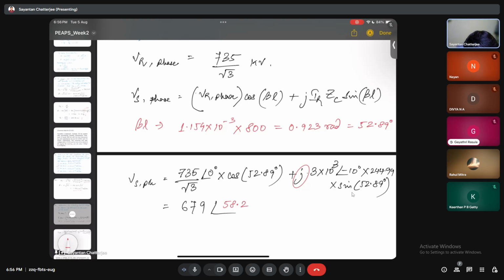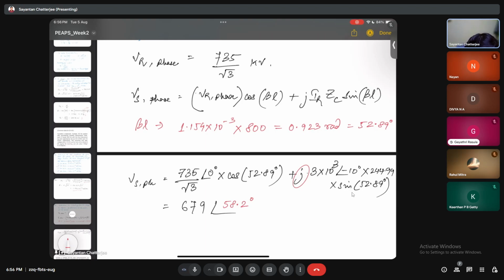Yes, 58.2. So VS phase will be on the positive side, right? So from sending, power flows from higher angle to lower angle. This is the basic. The convention is that active power flows from higher angle to lower angle, and in case of reactive power, it has to be from higher voltage magnitude to lower voltage magnitude.